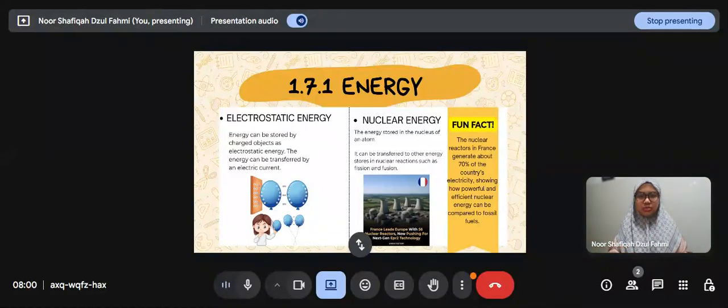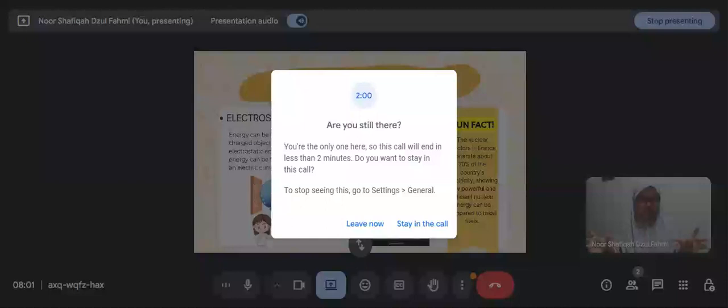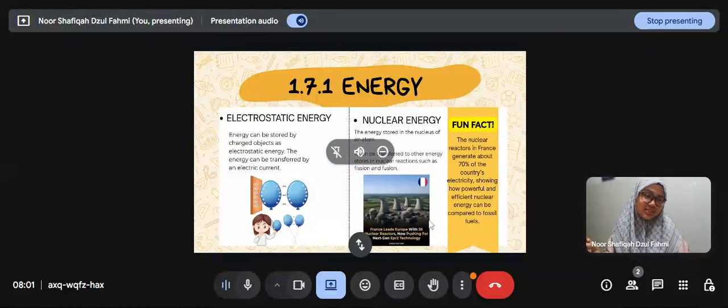Let's say you take balloon A and balloon B, and then you rub them together until it produces something as if there's an electric current being transferred. That's actually an example of charges being transferred from one object to another, and it is transferred by an electric current. This is an example of electrostatic energy.